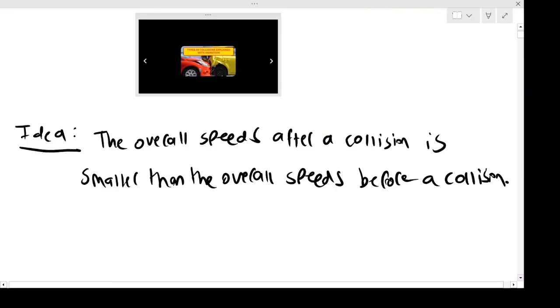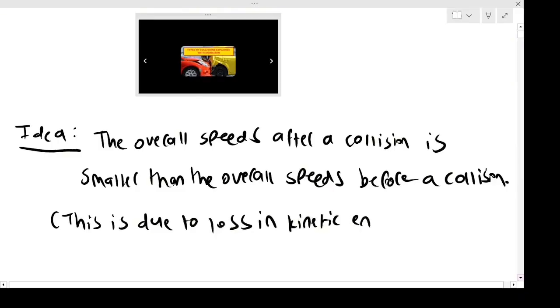Okay, so I'm going to say that this is due to loss in specifically kinetic energy, because that's the type of energy that's responsible for movement, right? Loss in kinetic energy due to the collision. And there are many reasons why we lose kinetic energy.